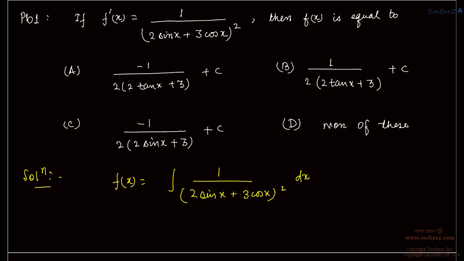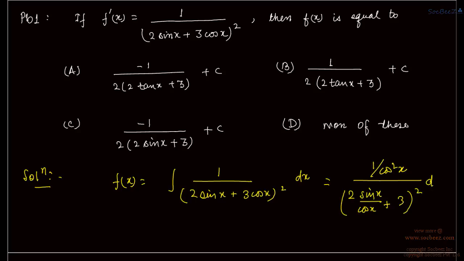So this integral, if we divide by cos x both sides, that is say 1 upon cos square x and (2 sin x upon cos x plus 3) square.